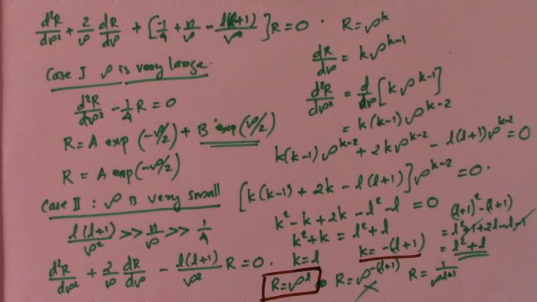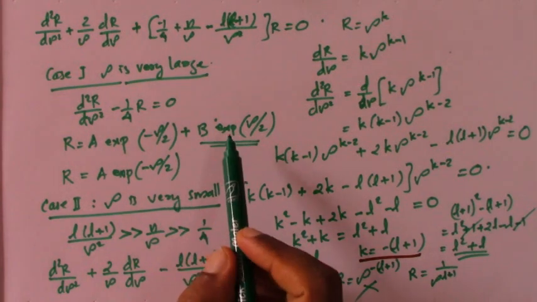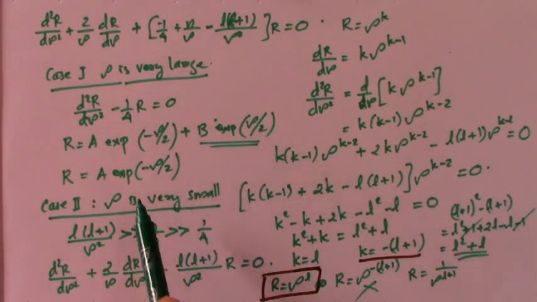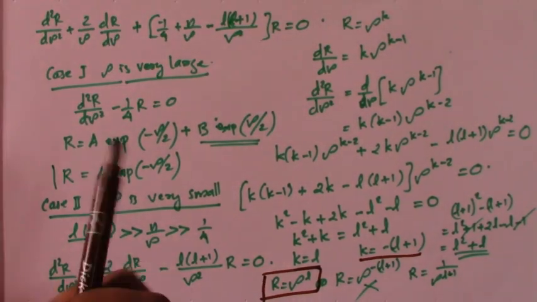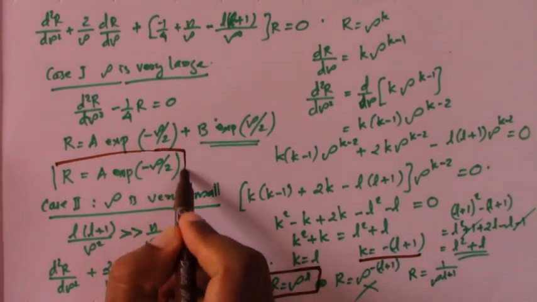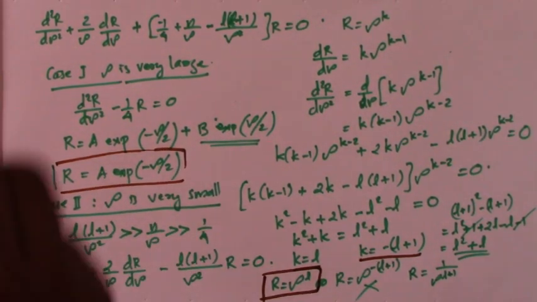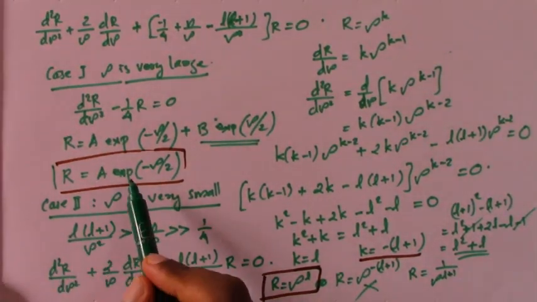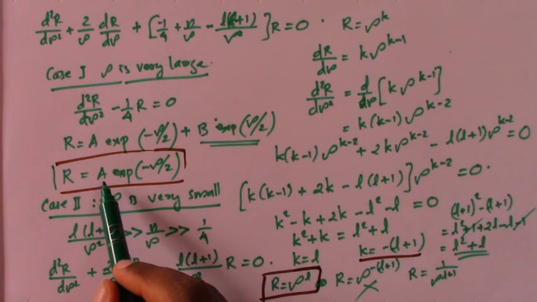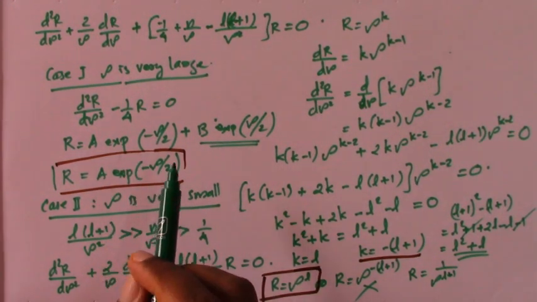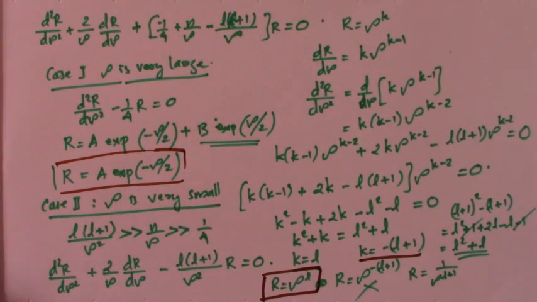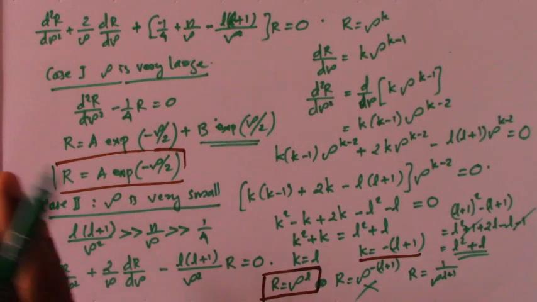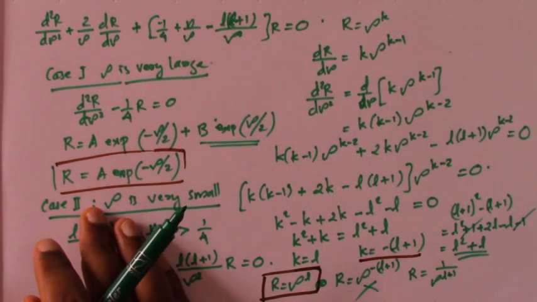It indicates that the real solution of R will contain the term exponential minus rho by 2, because this was an acceptable solution. I am not talking about A because A is the coefficient, and when we are considering R, there will of course be some coefficient as the normalization factor.